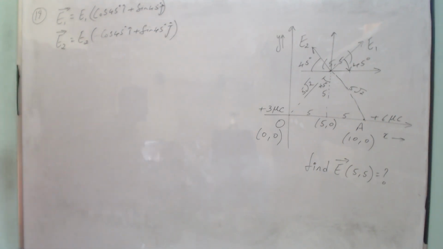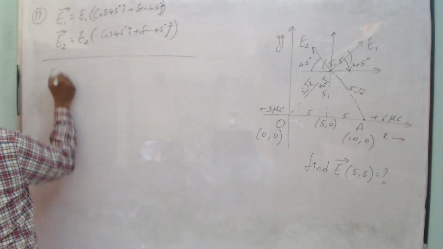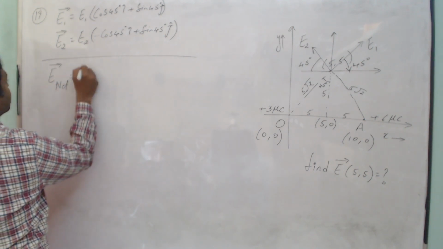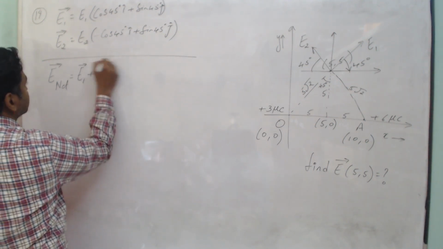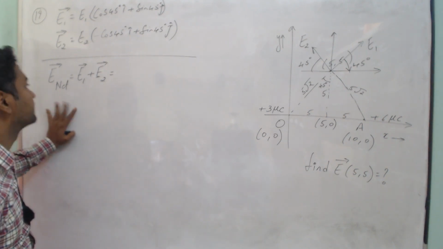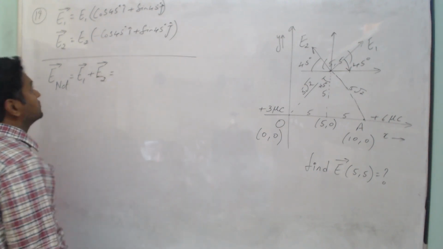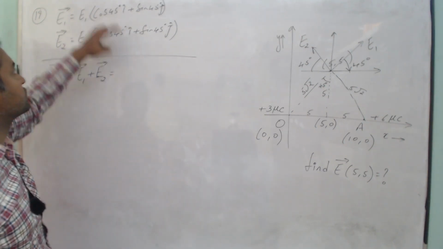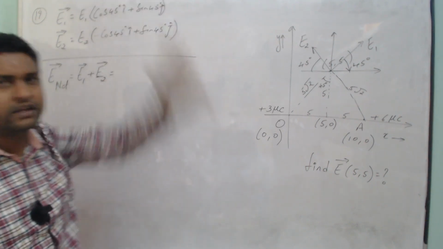Clear? Therefore, the resultant of these two, E net is equal to E1 bar plus E2 bar. In vectors, we say resultant as net, right? So E1 bar plus E2 bar, basically I have to add these two. Cos 45 is common, sine 45 is common. So all of this is 1 by root 2. I'll take 1 by root 2 outside.